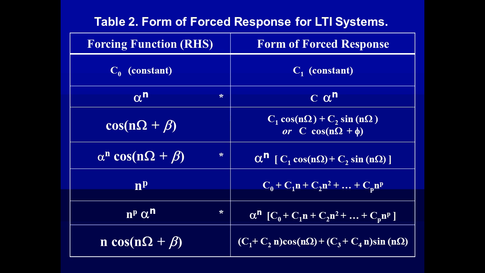And so that's why the forced responses have the same functional form in general as the forcing function I'm using. If I push it over, it moved over and it wobbled. Well, the move over piece, that's the forced response. The wobble's the natural response.